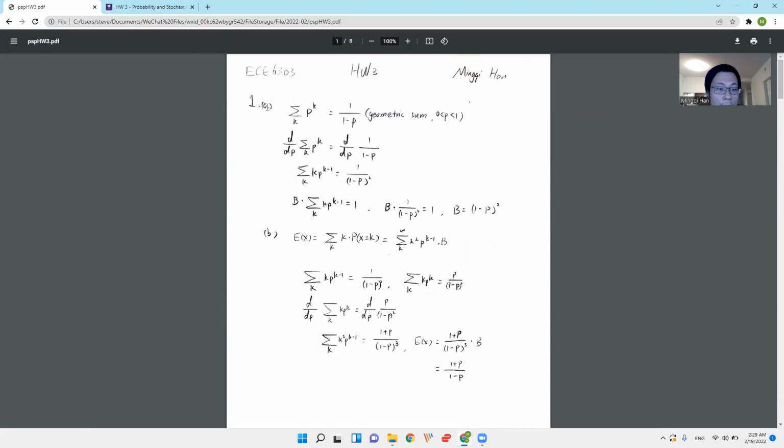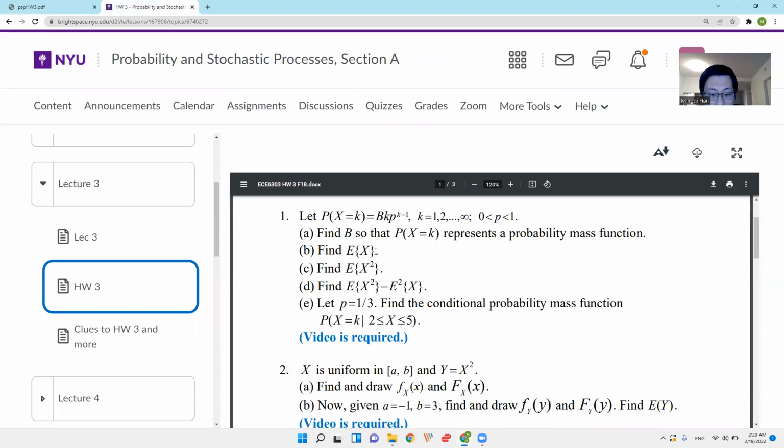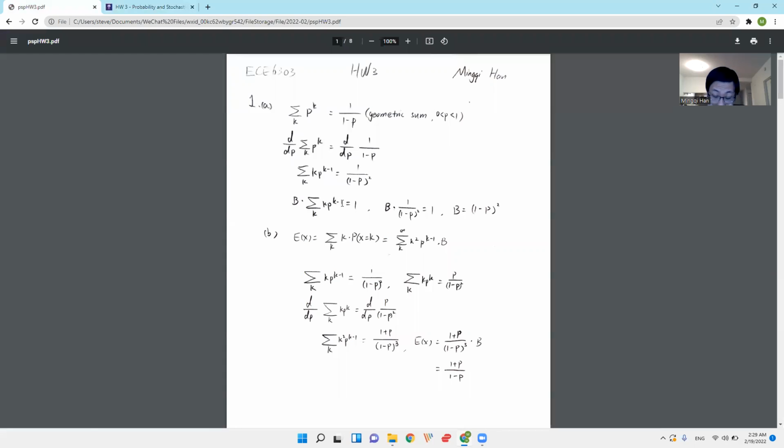And that's pretty much it for part A. In part B, we should find E[X], the expected value of X. The expected value has the equation written over here, and by plugging in all we had above, the b and the expression p to the k minus 1 times b, there's no easy way to figure this out either.